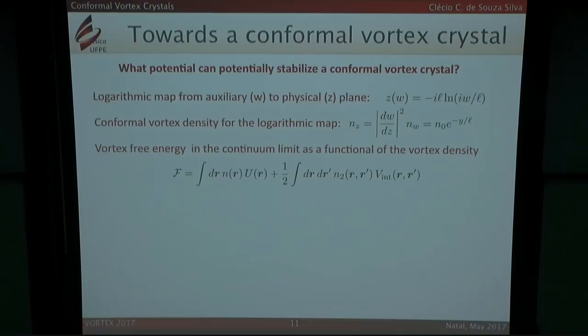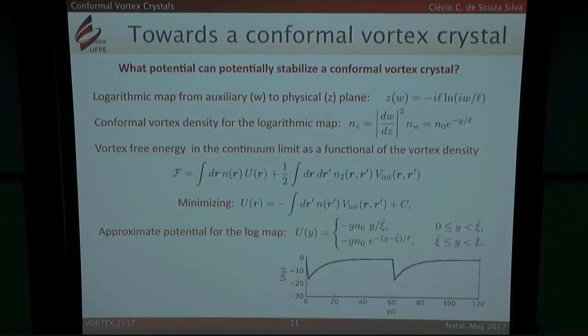What we want to find is which kind of external potential can accommodate precisely this density profile. If you minimize this, you get this very simple expression. This is just a balance condition for the vortices. This is the interaction potential, this is the external potential, and this constant here is a Lagrange multiplier. It's just a constant.